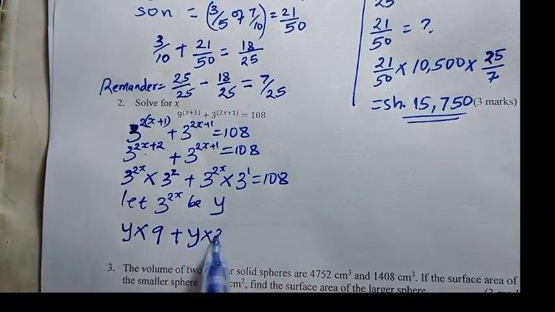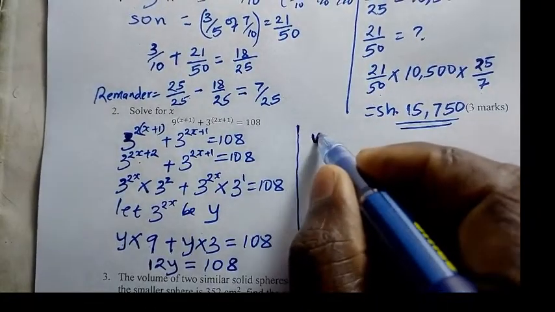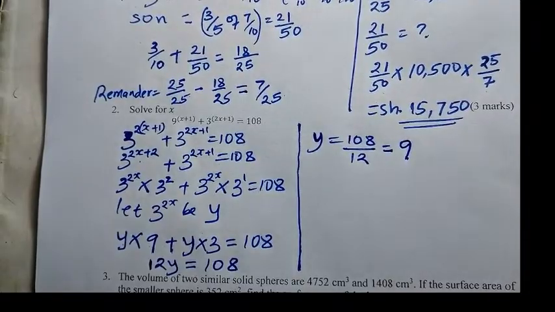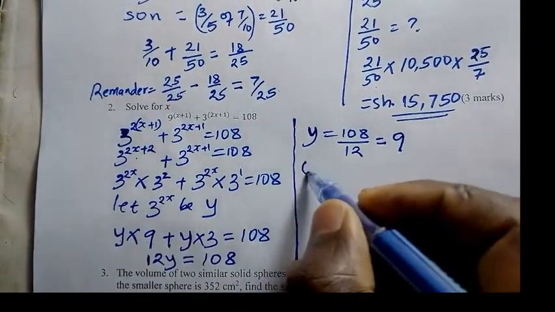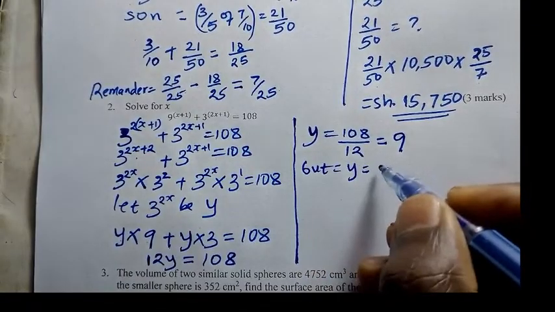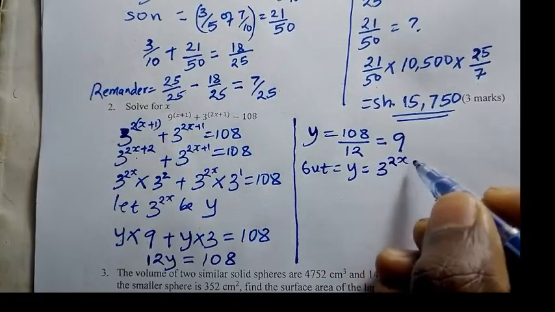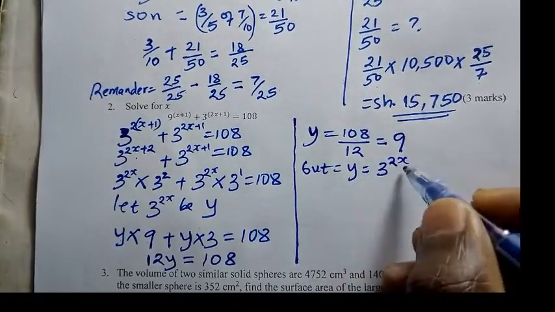The answer will be 108. So it means y itakupea 9. But we said that y is equal to 3 to power 2x, and this is 9 also equal to 9.